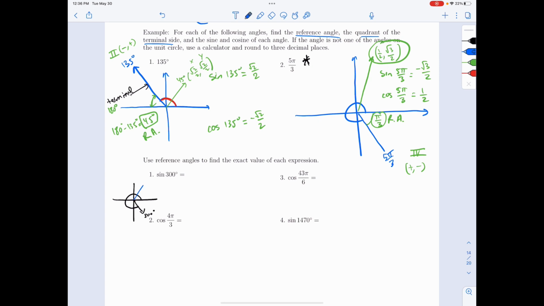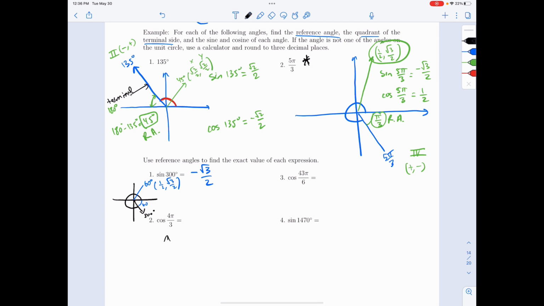So here the reference angle is 60 degrees. That's 60 here. And the coordinates there, we already found those in the previous example. And because this is in quadrant 4, the y-coordinate is negative. Sine corresponds to the y-coordinate, so this is negative root 3 over 2.